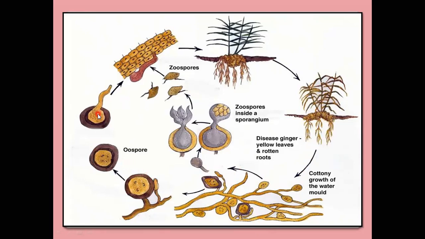So finally they develop the oospores, meaning two-walled smooth oospores are developed, and these oospores fall on the healthy leaf of the ginger, or the stem portion of the ginger, or in fact the developing rhizome parts.